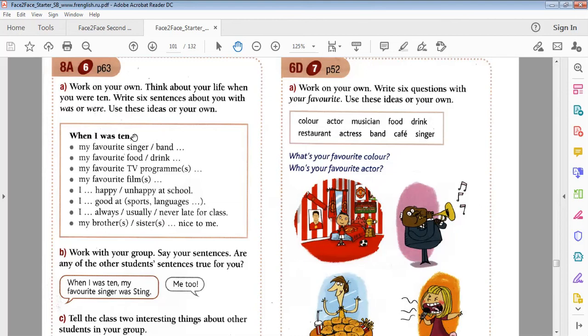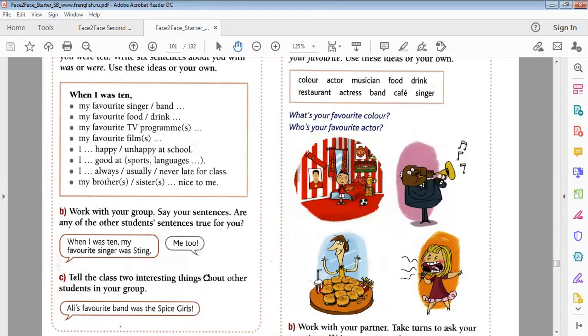So you can say, when I was 10, my favorite band was the Beatles, for example. You can also say my favorite food or my favorite drink, and you can talk about my favorite programs. You can also say if you were unhappy or happy at school, if you were good at sports. So of course here, there are different answers, so you can talk about yourself.